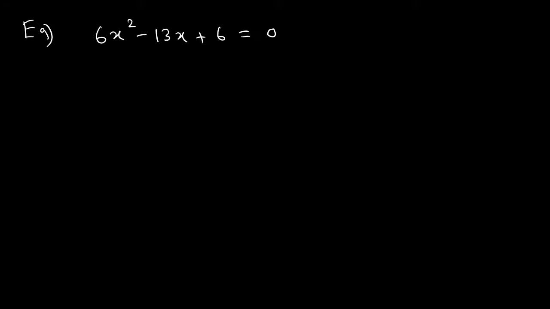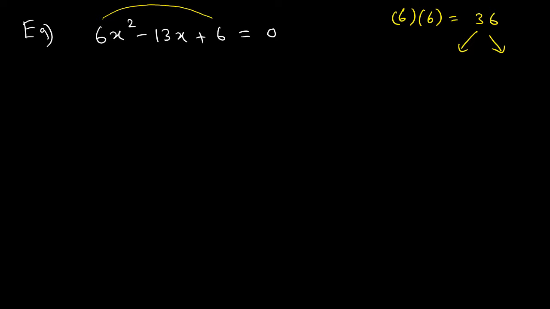So we can use the AC product method. You're going to multiply A and C. When you multiply A and C, you're going to get 36. So what we're trying to do is find two numbers.